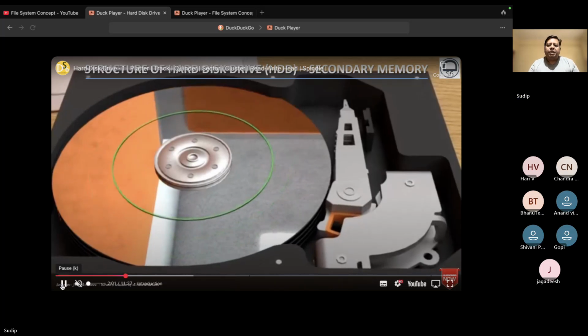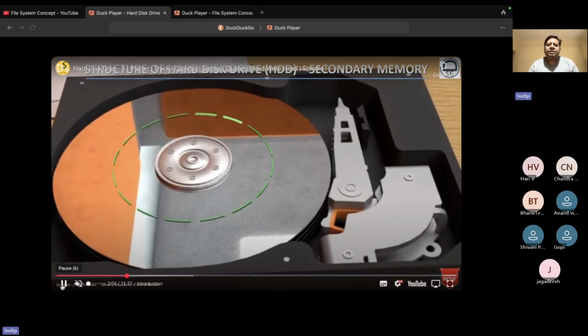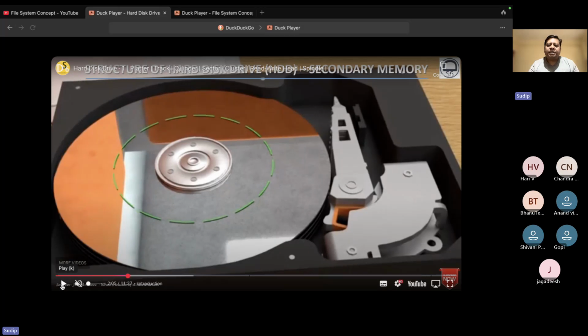Now, each of these tracks is further divided into logical sections called sectors.